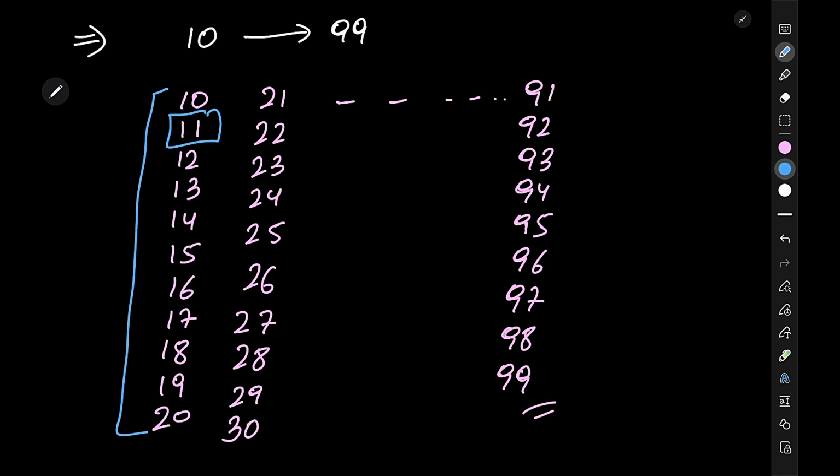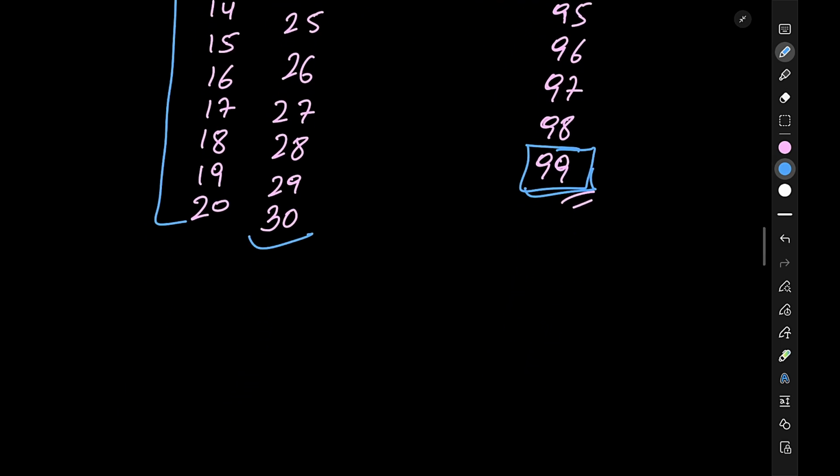From 21 to 30, only 22 is symmetric, that is a multiple of 11. From 91 to 99, only 99 is symmetric, that is also a multiple of 11. So what we observe here is that every two-digit number is symmetric only if it is a multiple of 11.